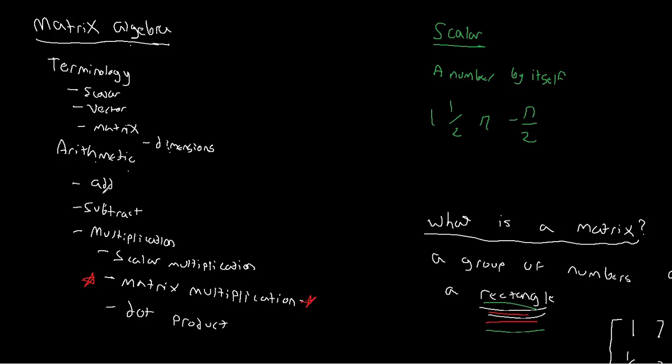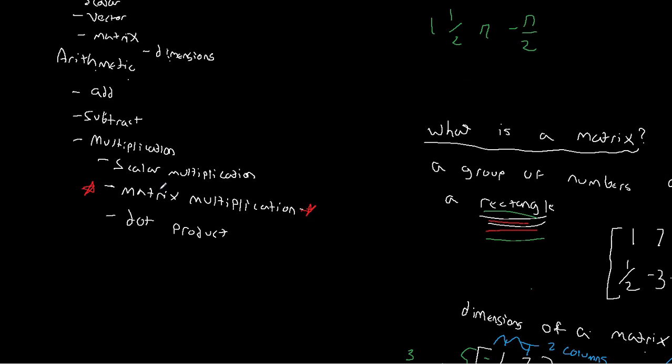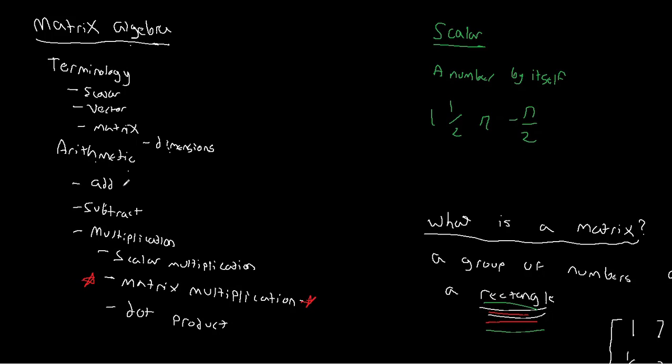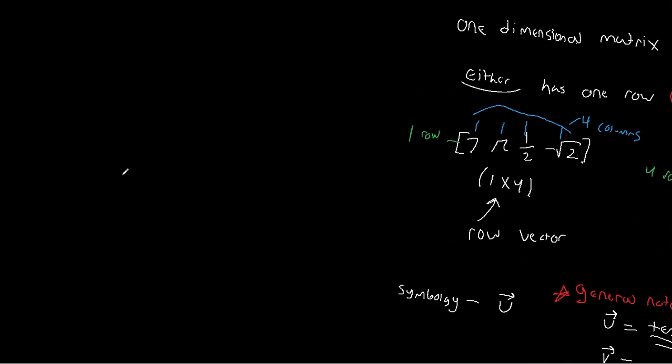Now, the nice thing with addition and subtraction is that they work much the same way that we're used to seeing in traditional arithmetic. What I mean by that, as we'll see in a second, is that we basically just add or subtract the different elements from each other. So let's go through some examples.